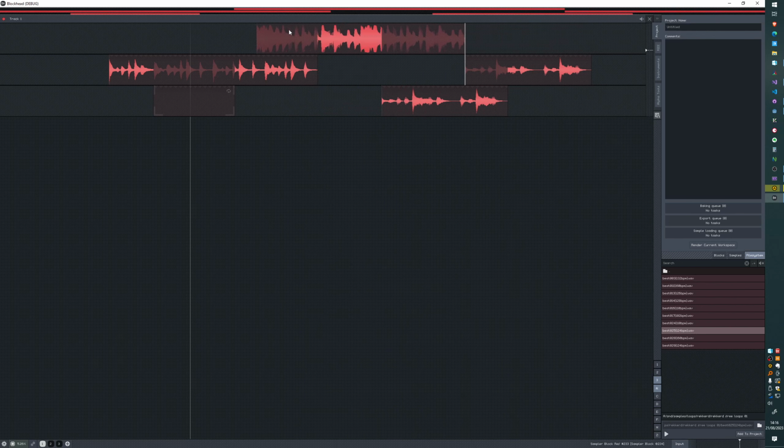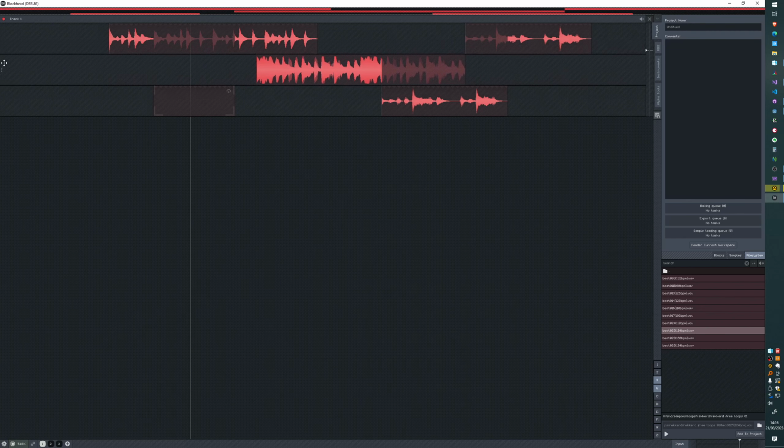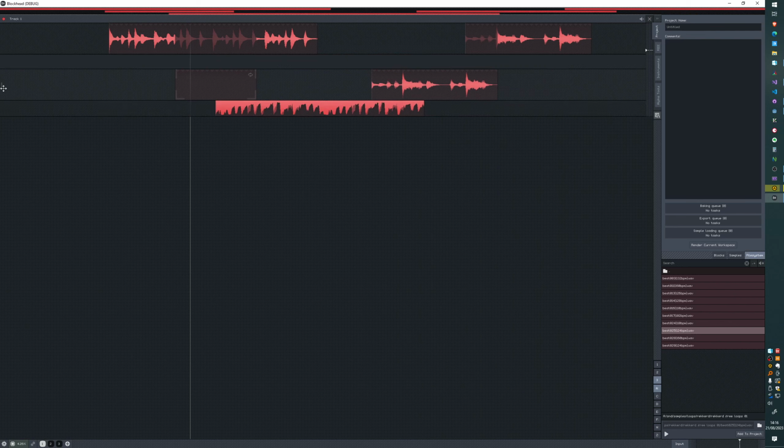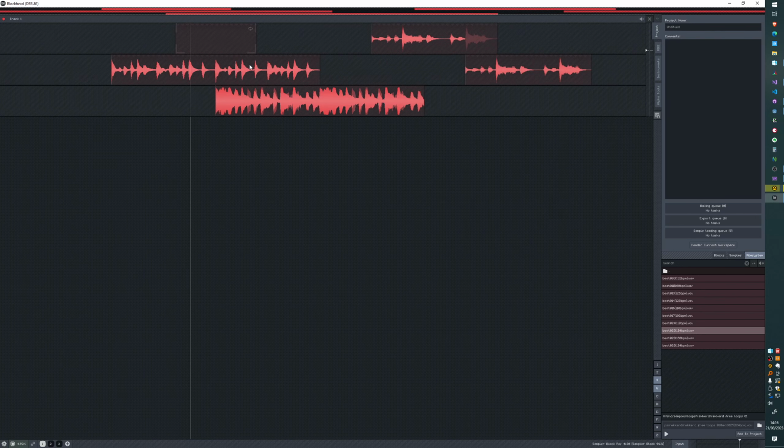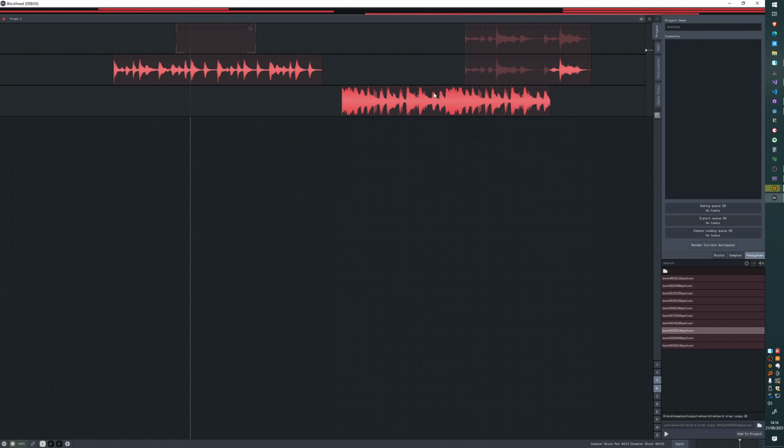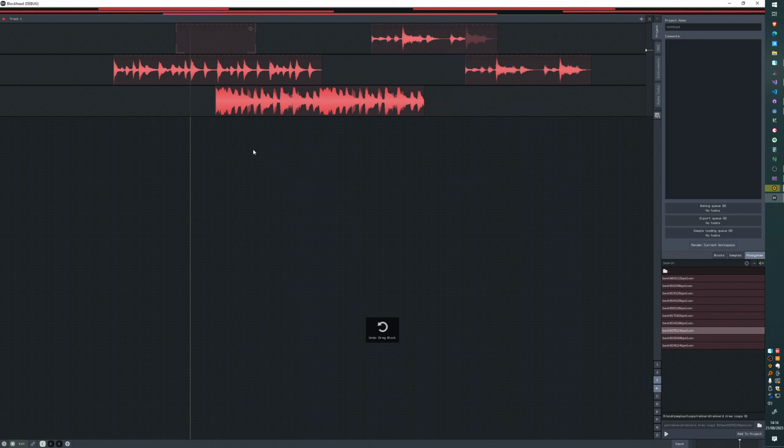I remember a trouble spot in the past was when you rearrange the lanes. No, it's all good. But, yeah. Looks good to me.